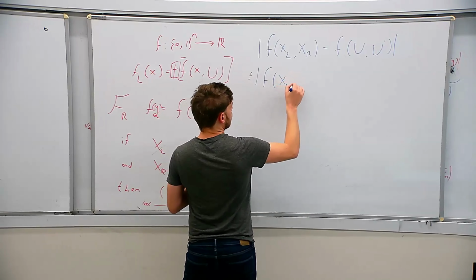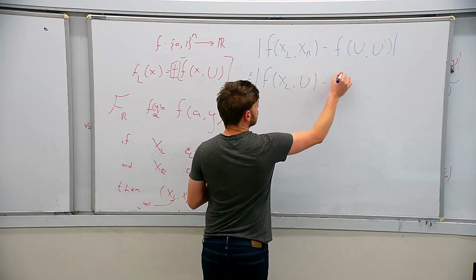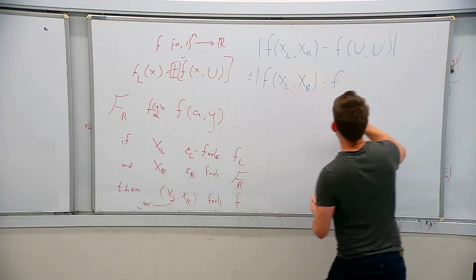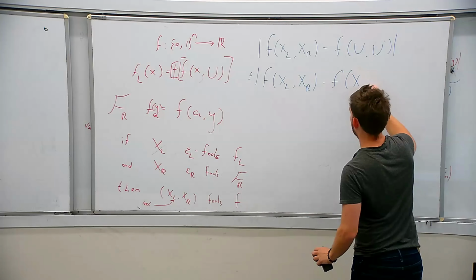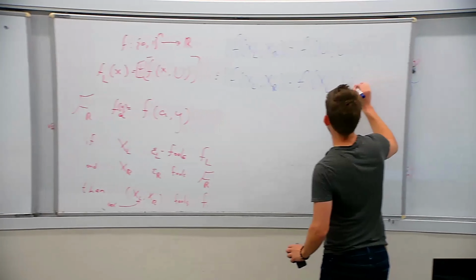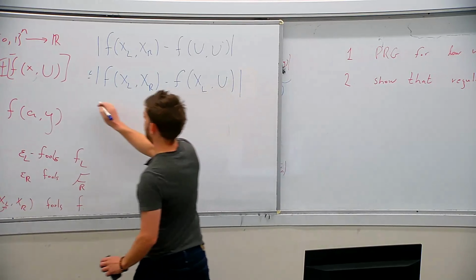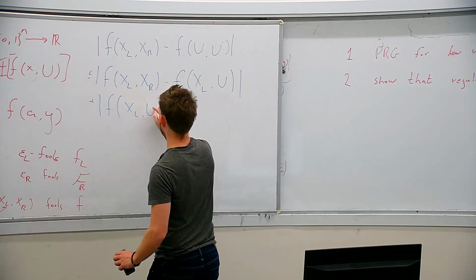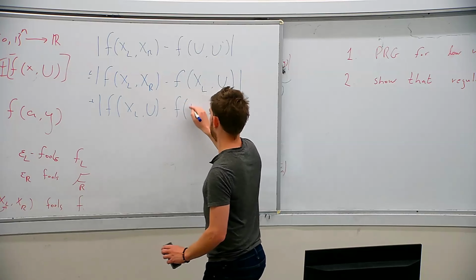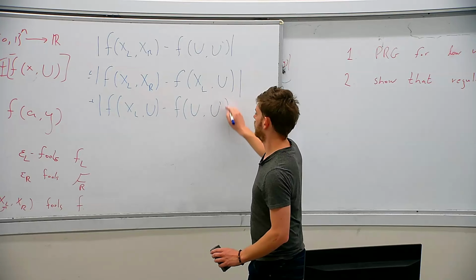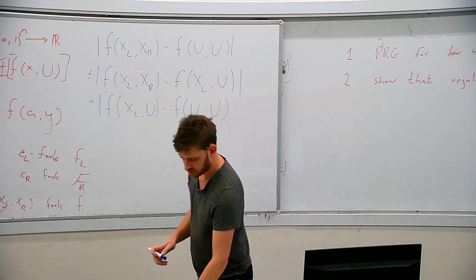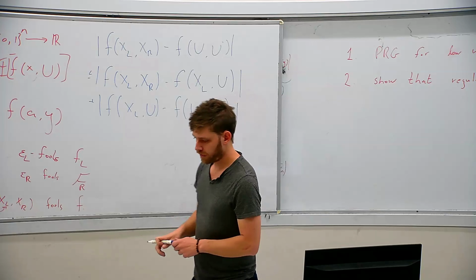So XL, XR minus XL uniform, plus XL uniform minus uniform. Okay, so how do I bound the first term?